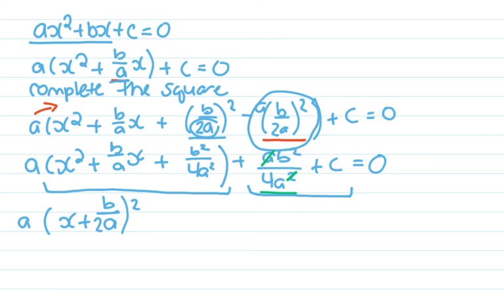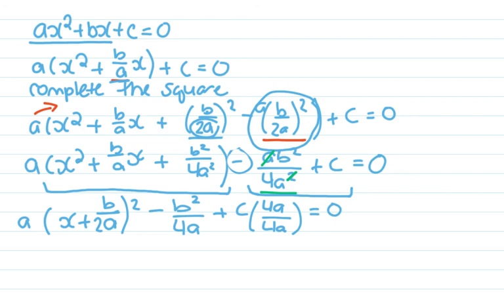And then to get these to have a common denominator, this here should be a negative. I will have negative b squared over 4a plus c. Now I'm going to multiply the top and the bottom of c by 4a so I can have a common denominator, equals 0.